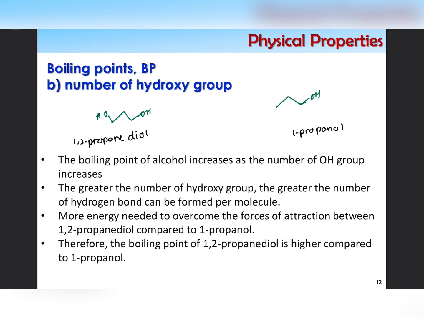If you have more hydrogen bond means the intermolecular forces is very strong. That is why you need more energy to overcome the forces of attraction between 1,2 propane diol yang ada 2 OH compared to 1 propanol. Therefore, boiling point of 1,2 propane diol is higher compared to 1 propanol.